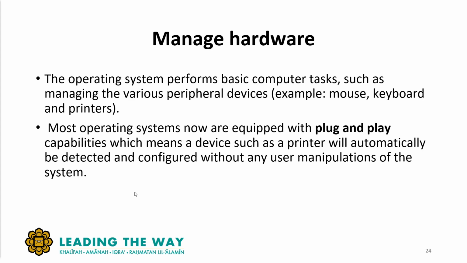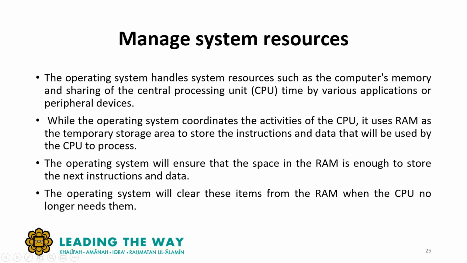The operating system also manages the system resources, especially the allocation of those resources among programs. Typically, resources include the CPU, central processing unit, computer memory, file storage, input output devices, and network connections.